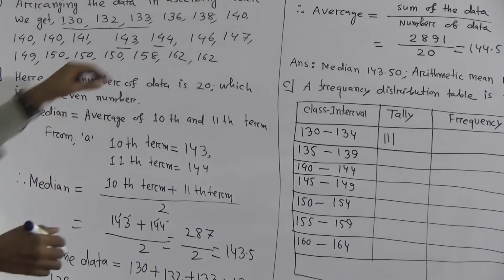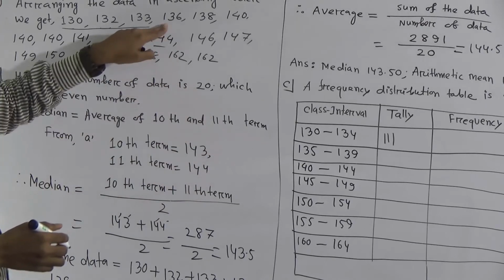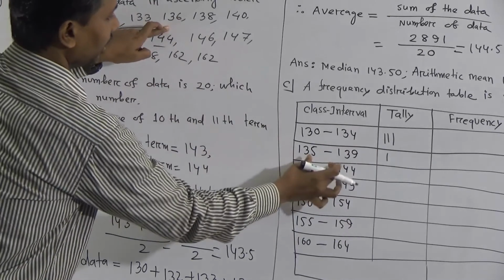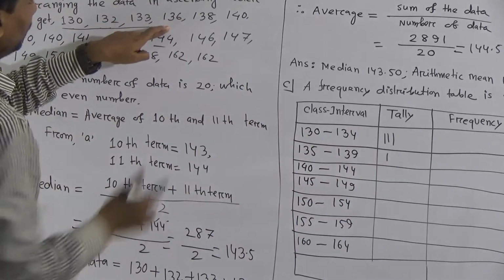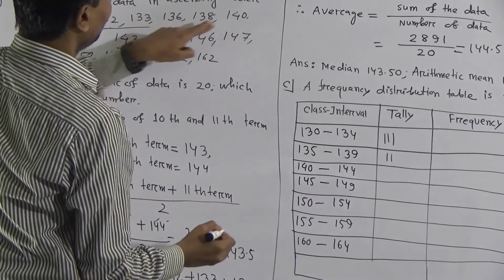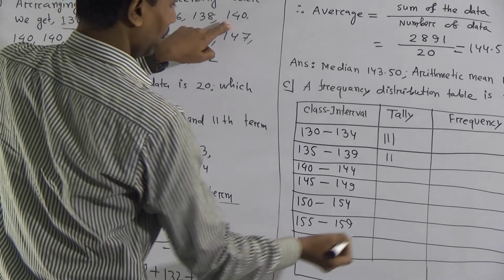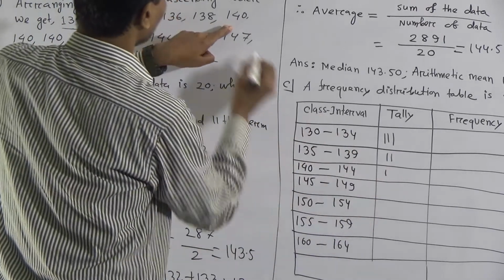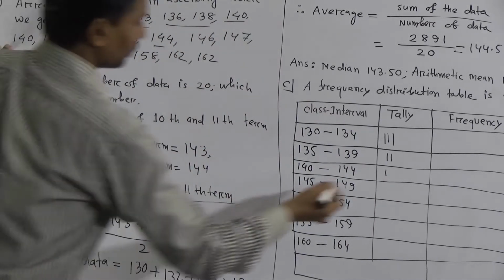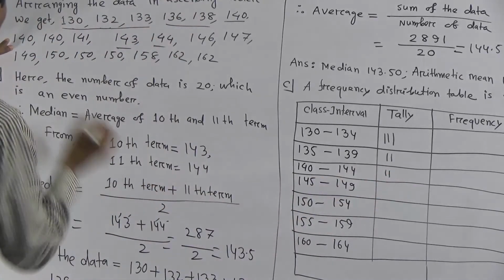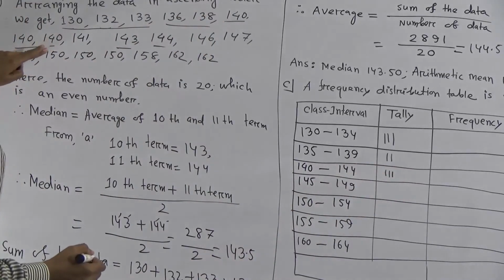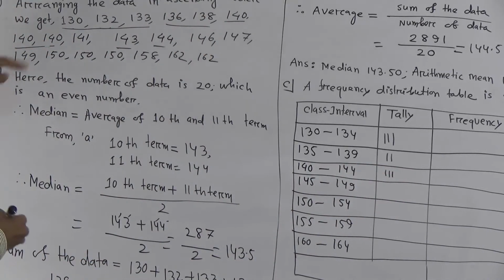Then you see 136. You put it here, because this data is included in this class interval. 136, then 138 put here, then 140 here, then 140 here, again 140.